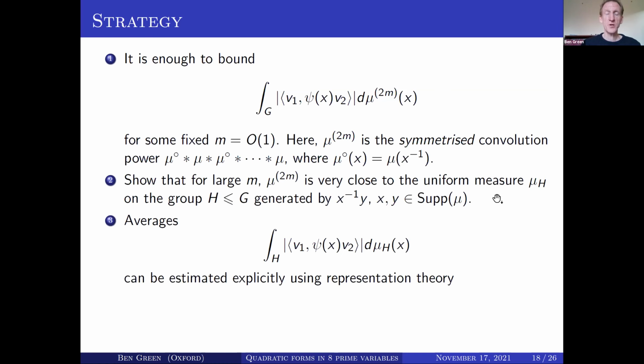So that then puts you in what's pretty much a totally algebraic setting. I've got a uniform measure mu H on a subgroup H of G, and I want to average some matrix coefficients over that group. So it's almost pure algebra, and that's something that I can attack using representation theory.